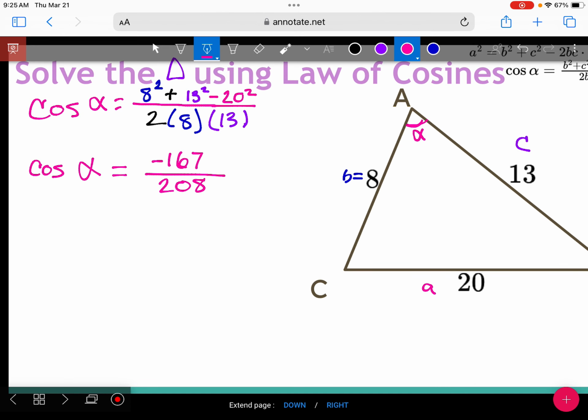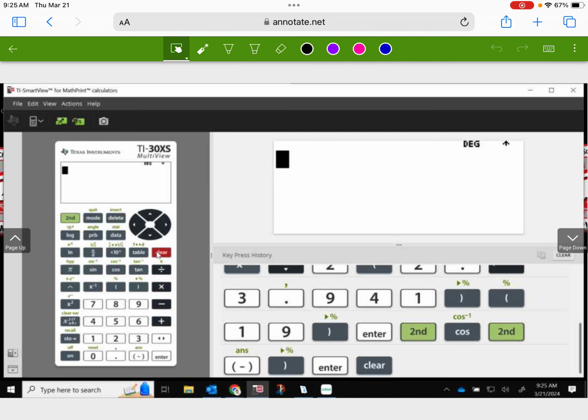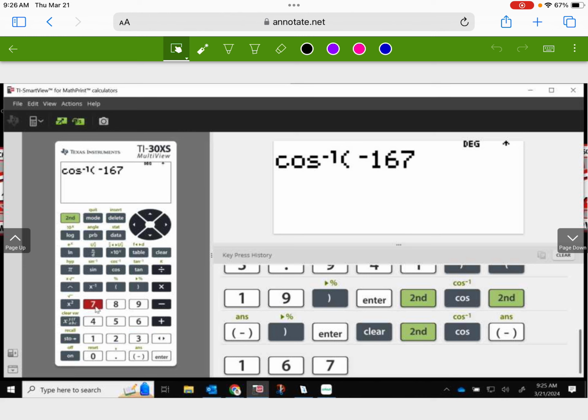So to figure out what the measure of angle alpha is, we do our arc cosine, our inverse cosine. So our alpha is going to be arc cosine of negative 167 over 208. So we're going to type it in the calculator. Second cosine, arc cosine of negative 167 over 208.